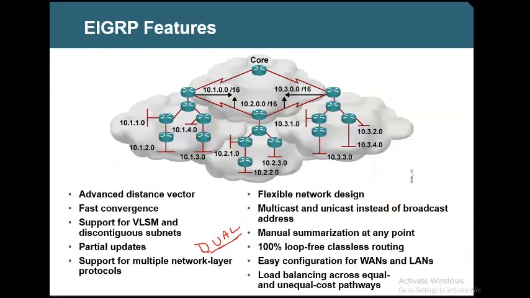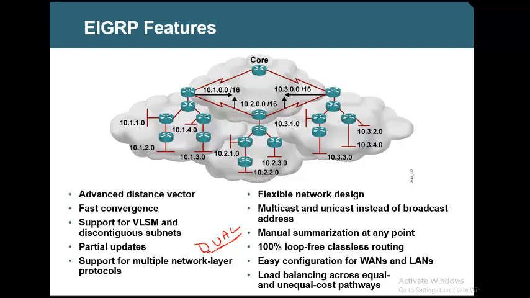So it is this algorithm used in EIGRP that guarantees you 100% loop-free classless routing. Should not forget this. What provides a loop-free classless routing in EIGRP? It is DUAL, Diffusing Update Algorithm.